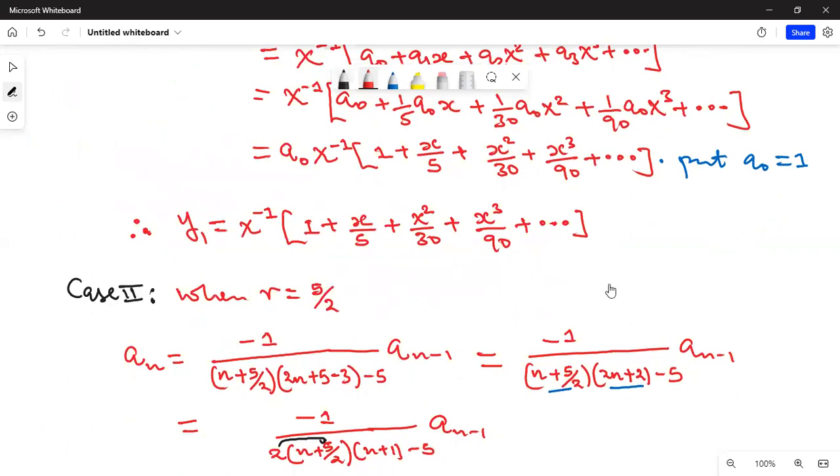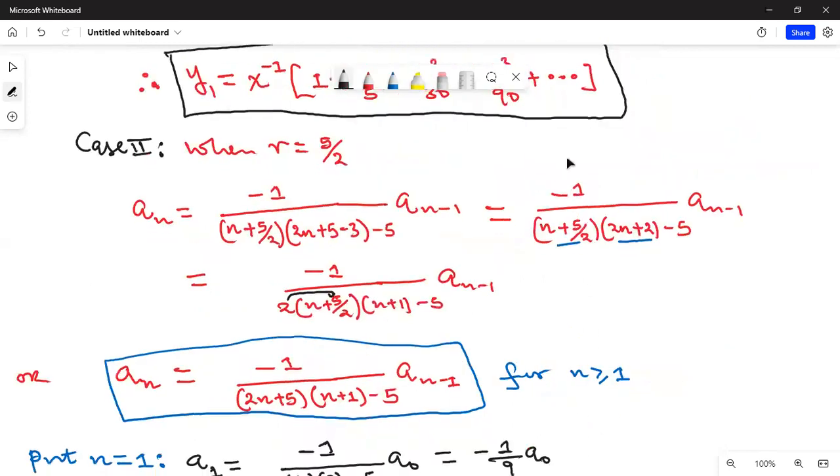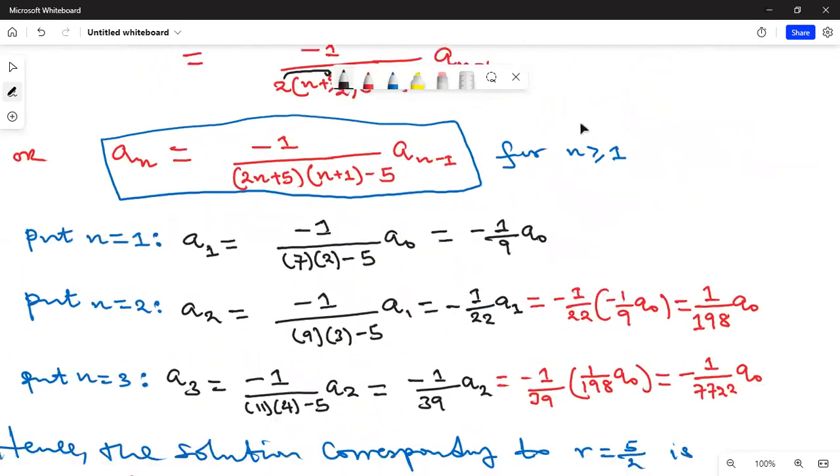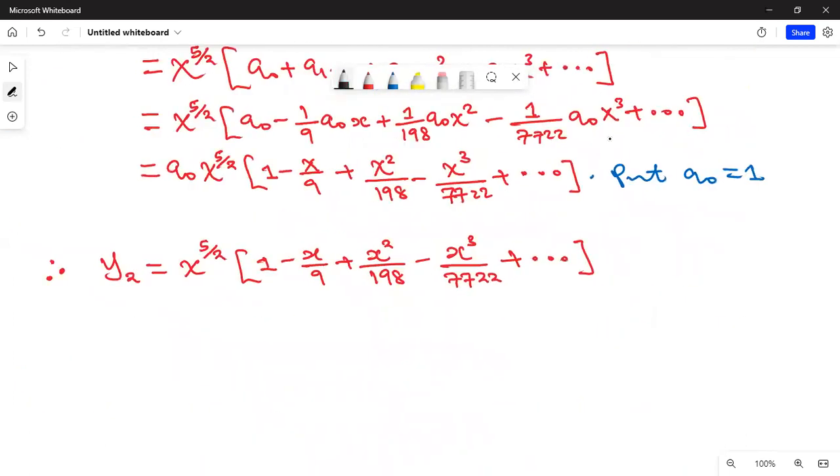So let me bracket these two solutions. This one, this was y1. And the other one is y2, which is independent from y1. So I also bracket this.